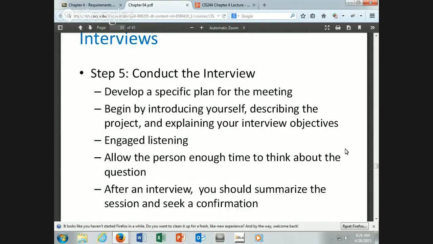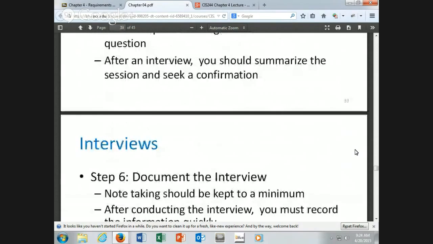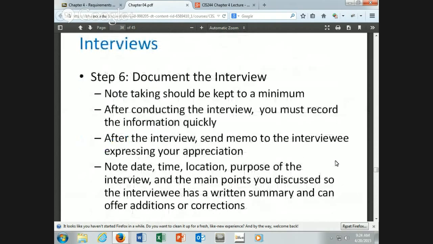Allow the person enough time to think about the question after the interview. You should summarize the session and seek a confirmation. A lot of times in doing these, even in completing surveys, if we're doing it in front of the person, can we get an idea of how engaged they were? How committed they were to giving us our answers? Should we scale that?